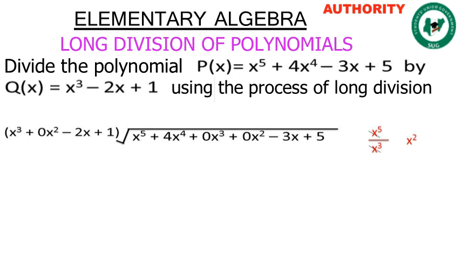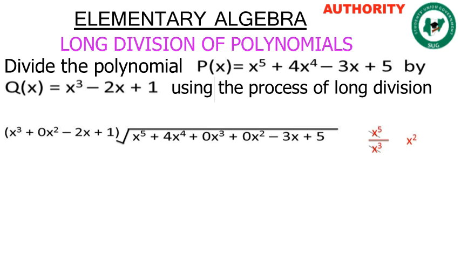Now let me show you, in case you don't understand actually what we are doing. This x raised to power 5 can be written as x times x times x times x times x into 5 places, all over x times x times x, sorry, into 3 places.